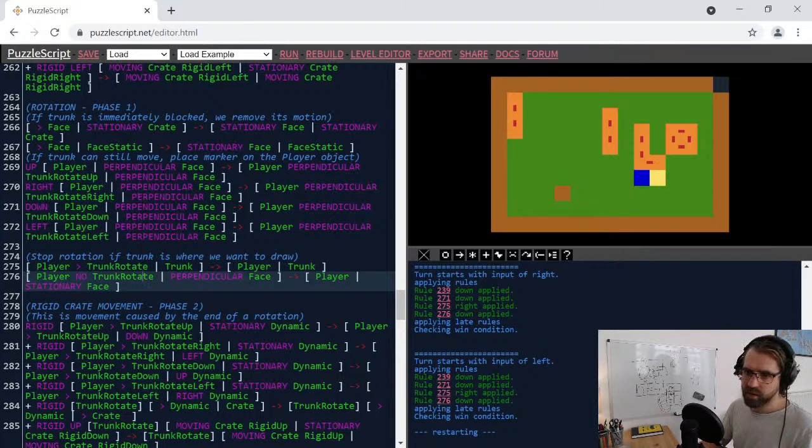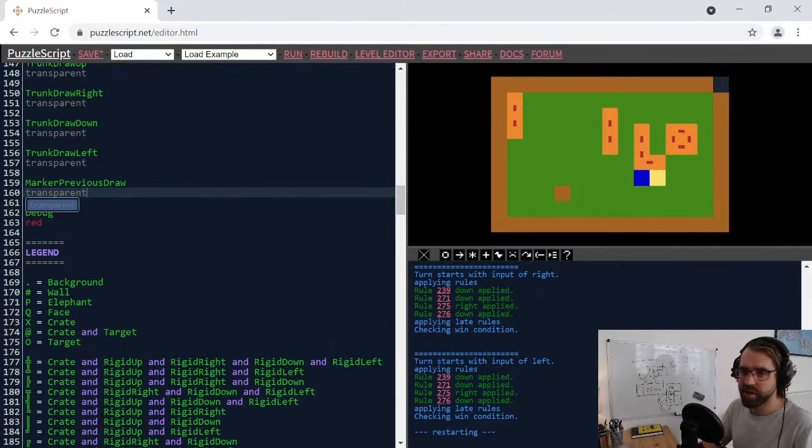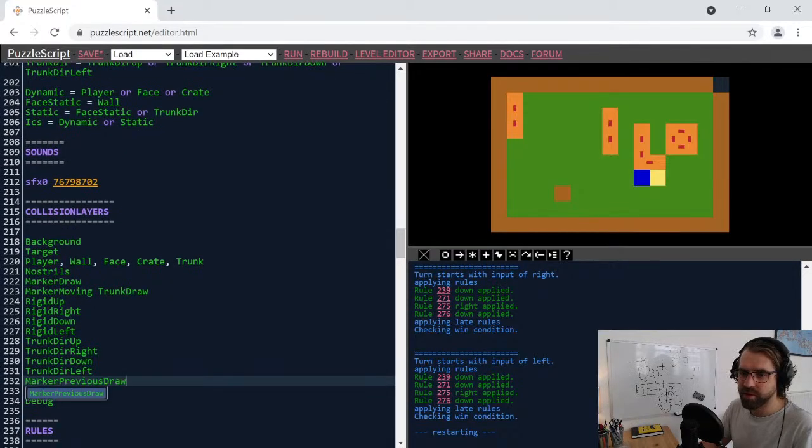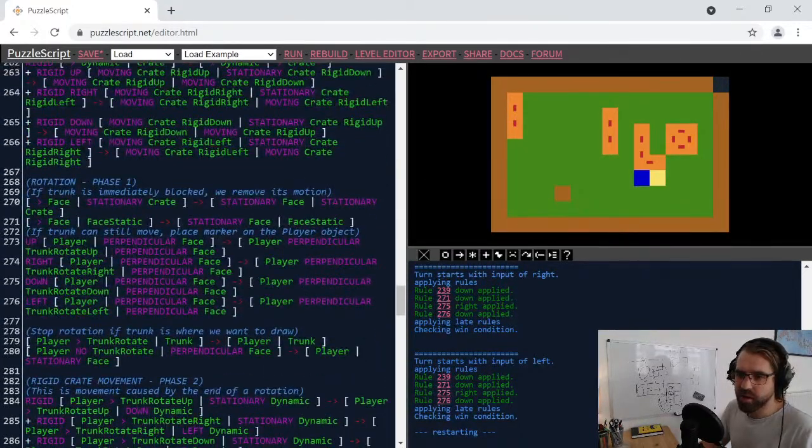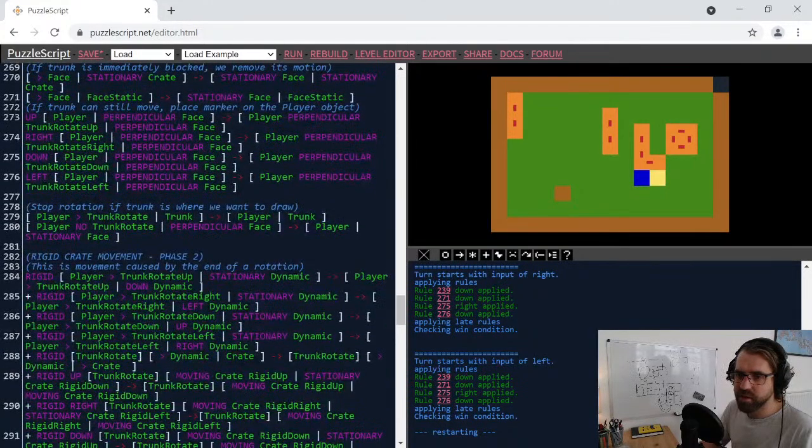So, I mean, I could do a similar thing, place a marker. In fact, yeah, let's redo, put that back in, marker previous draw, and I just calculate where that is now.